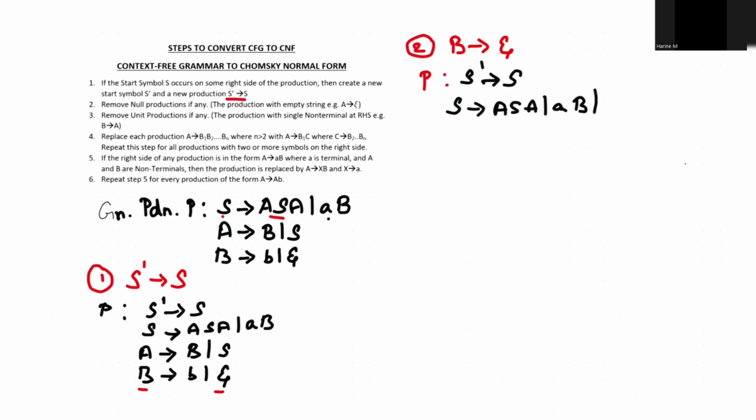Now we get a new production, A tends to B or S, and applying B tends to epsilon we get a new production with epsilon here. Then B tends to b, remove that epsilon. Now we get a new epsilon production, that is a null production.